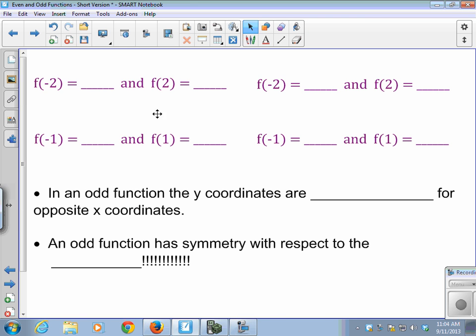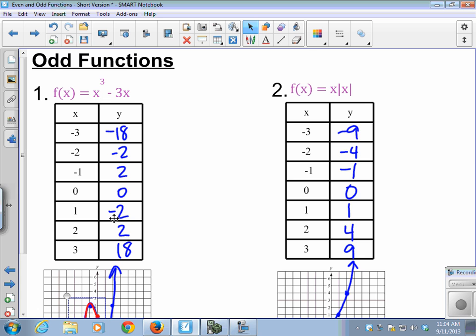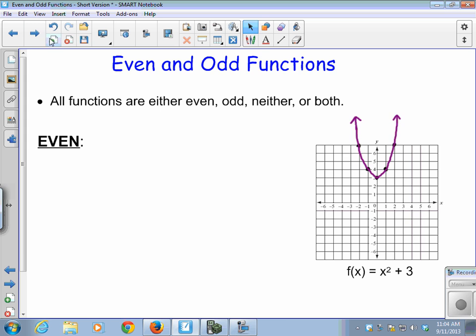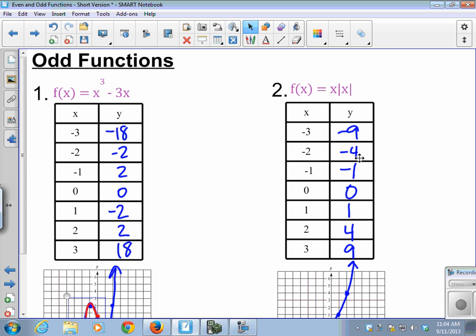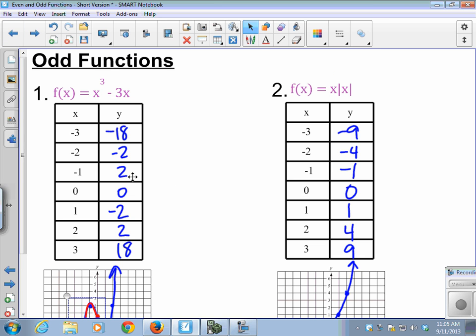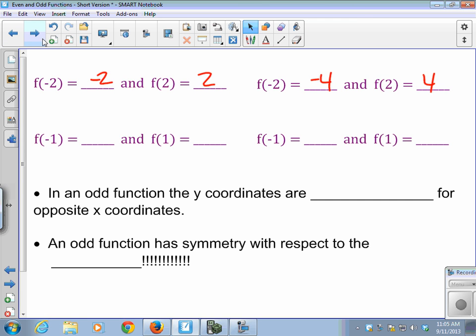So let's look right here. f of negative 2 and f of 2 in the first function would be negative 2 and 2. In the second function, negative 2 was negative 4, positive 2 was 4. Negative 1 and 1 in the first function: negative 1 would be 2, positive 1 would be negative 2.